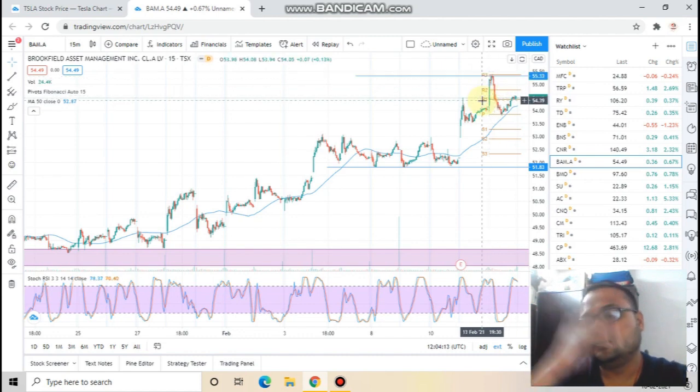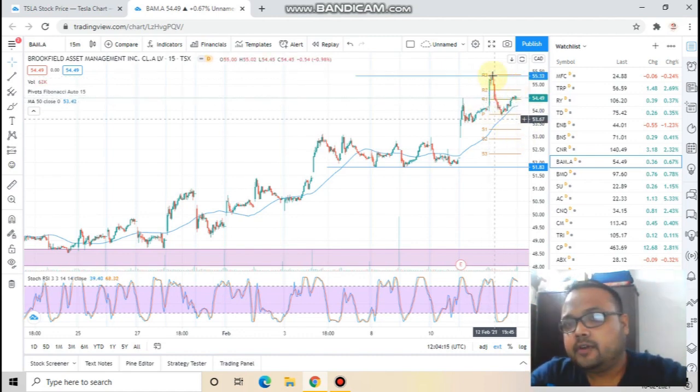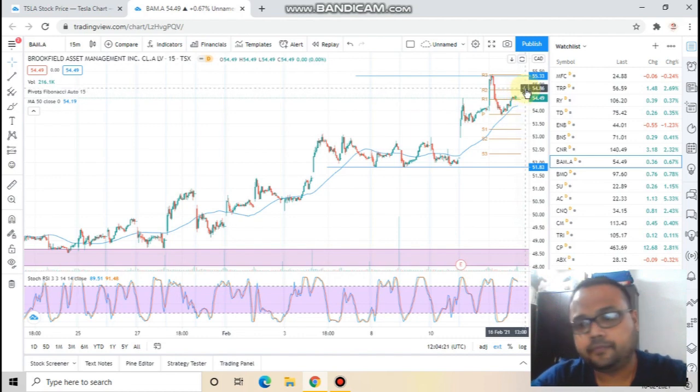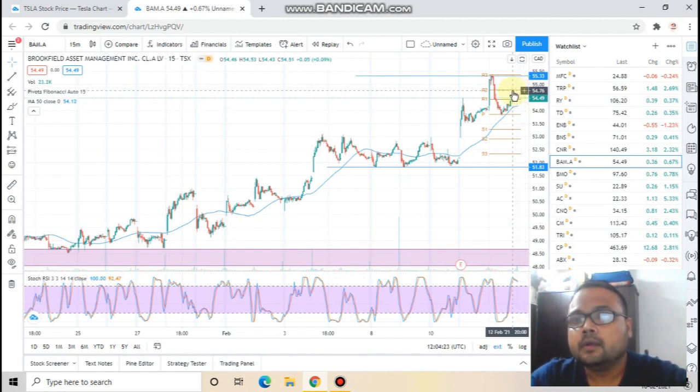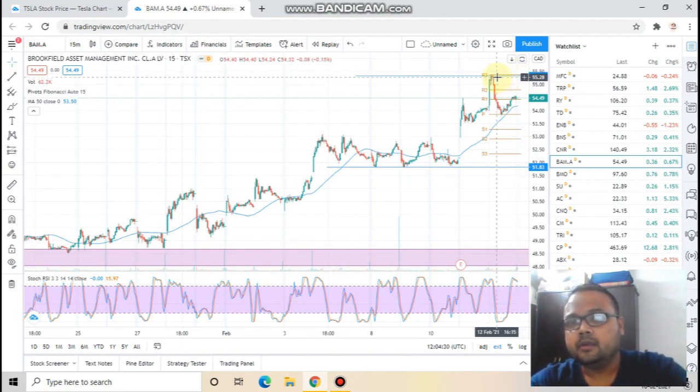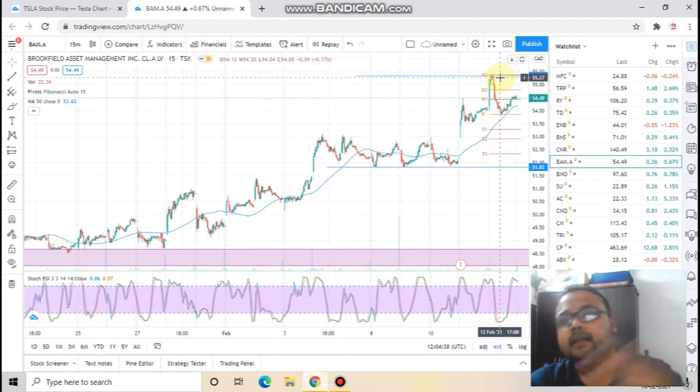So today, after the market opens, if the price opens gap up or gap down, whatever, if it goes to the previous day's high, there is a chance that it may fail to sustain again and it may go down.